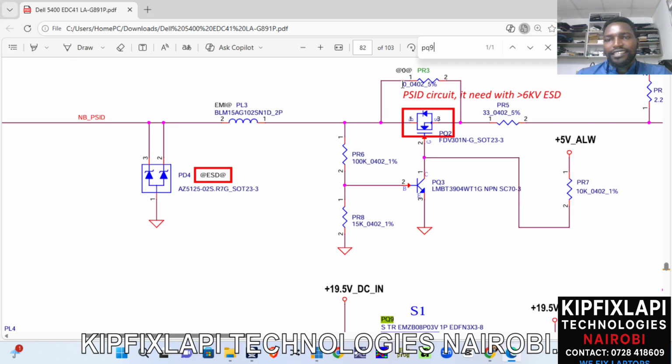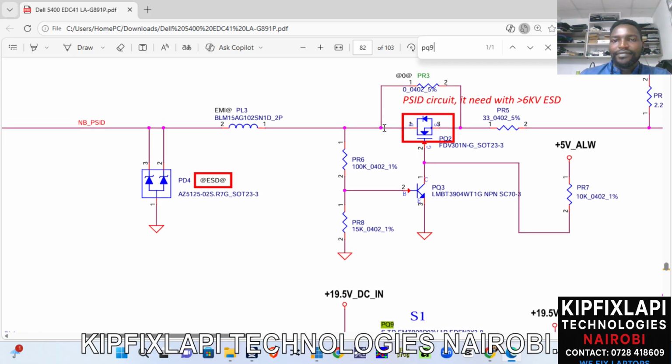Apart from that, we have this other line which goes this way. Then you have PR3, and this PR3 has 0 ohms resistance. Though it has the same size as this one, it has an error of 5%.